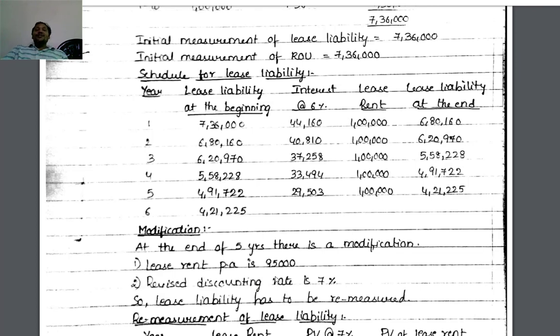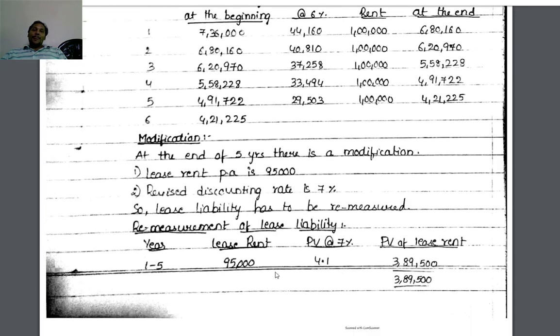Now we have to remeasure the lease liability. So the remaining period is 5 years, 95,000 lease rent and 7% is the revised discounting rate. Remeasurement of lease liability. Years 1 to 5, lease rent 95,000. Previously it is 1 lakh, now reduced to 95,000.